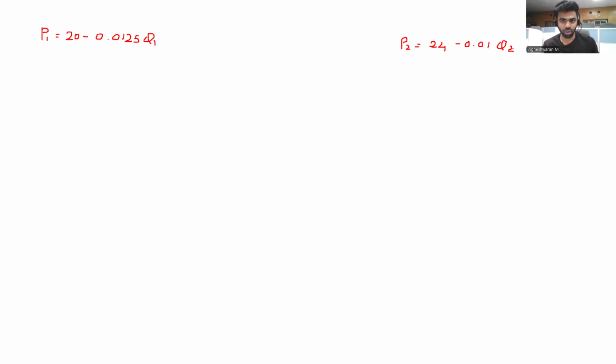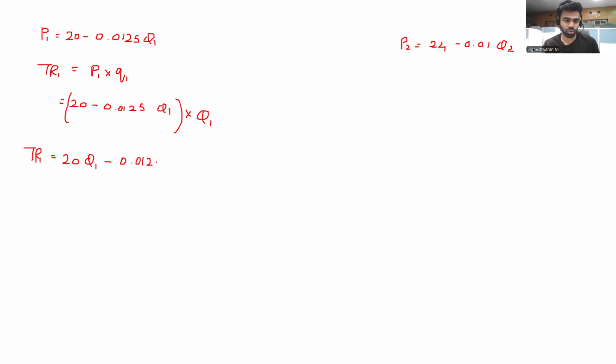Now I want to find the total revenue. TR1 is equal to P1 into Q1, that means 20 minus 0.0125 Q1 multiplied with Q1. So TR1 will be 20 Q1 minus 0.0125 Q1 square.